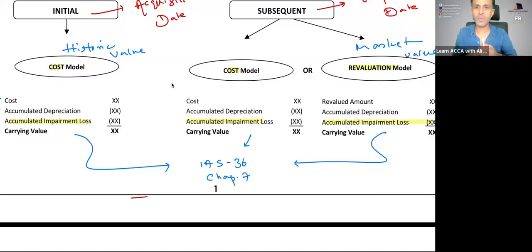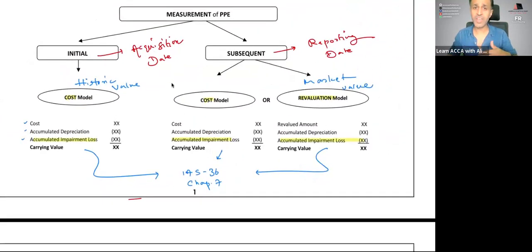It does not stay the same throughout. So we try to bring the same into our books. But when we go with the cost model, regardless of what is happening in the market, we keep the asset always at its historic value, which is usually the purchase price at which the asset was purchased in the past.